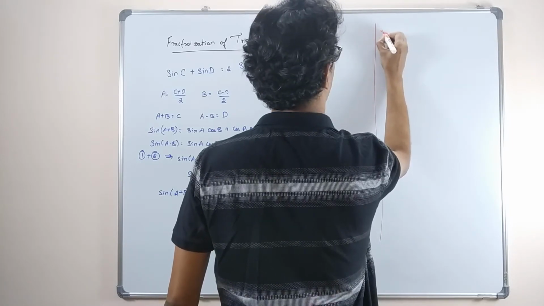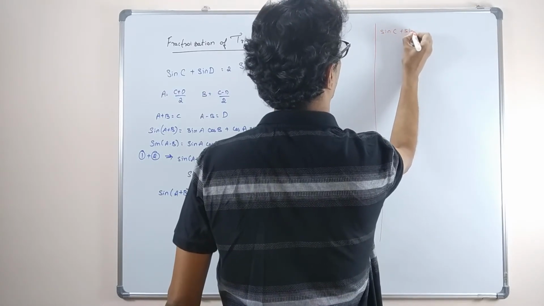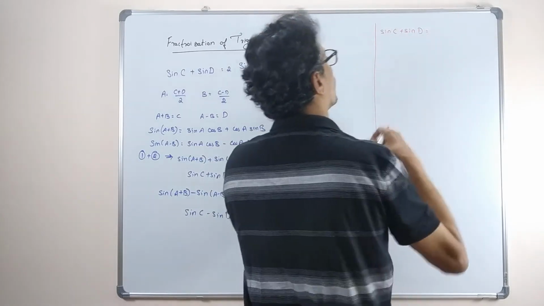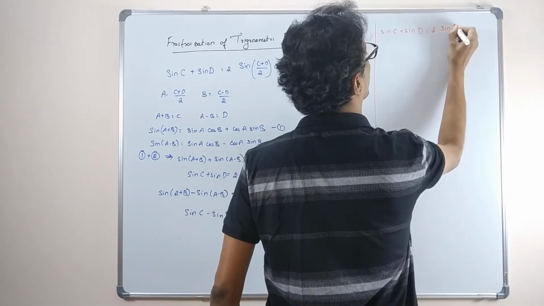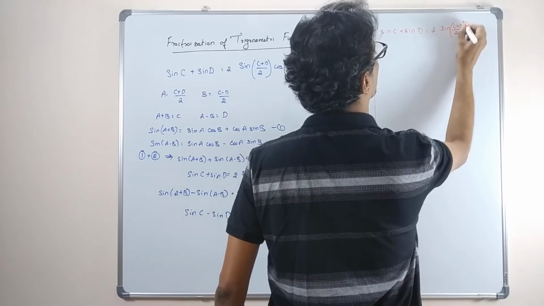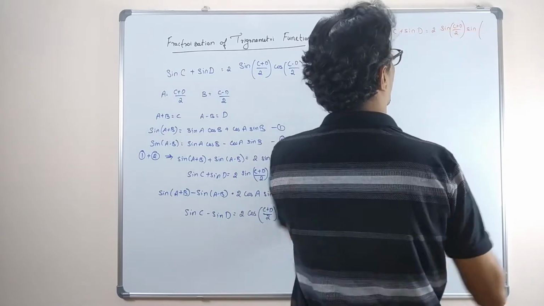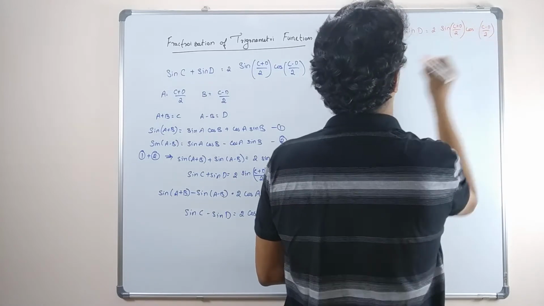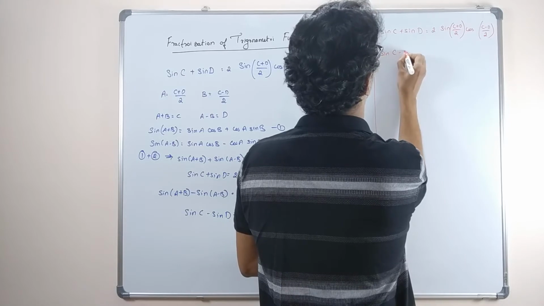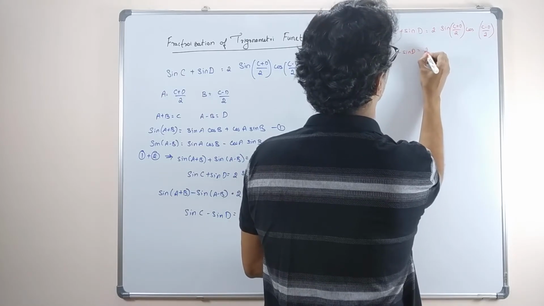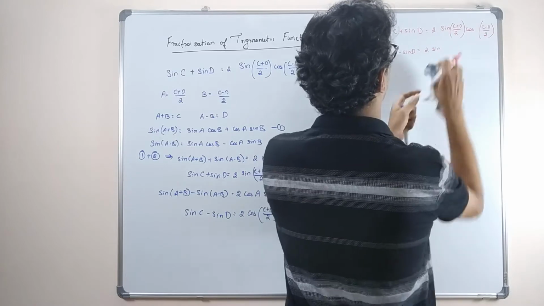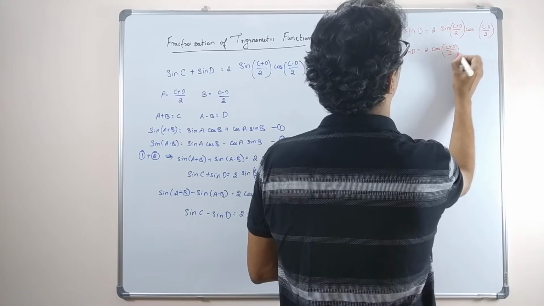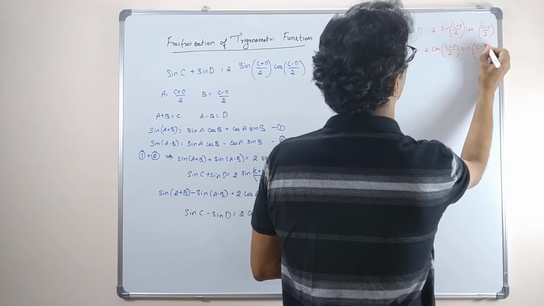Sine C plus sine D is equal to 2 times sine C plus D by 2 cos C minus D by 2, and sine C minus sine D will be equal to 2 times cos C plus D by 2 and sine C minus D by 2.